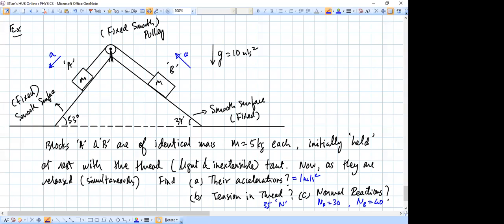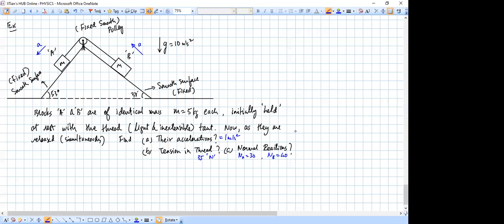Okay. So to do the question, one key thing that I'll remind you about is the directions in case of inclined plane. So always keep this rule of thumb in mind, like we've discussed.